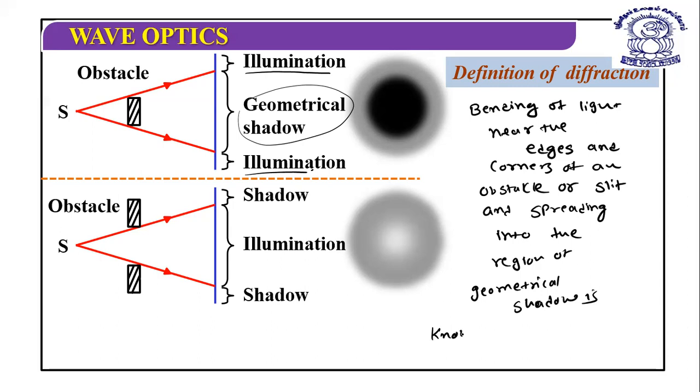This is known as diffraction of light. So basically, bending of light from a corner is called diffraction of light.